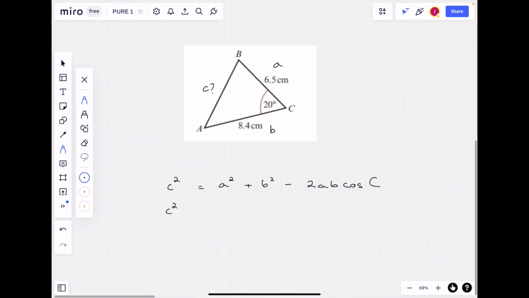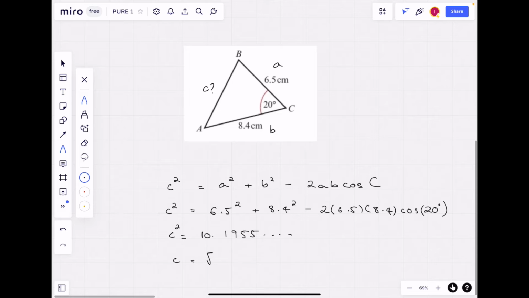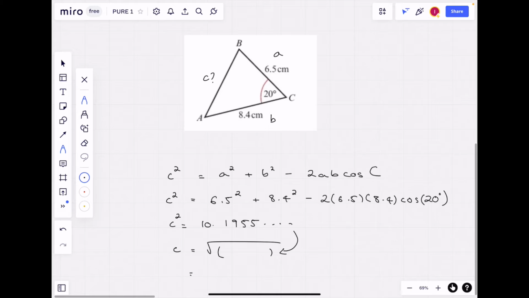So c squared is equal to 6.5 squared plus 8.4 squared minus 2 times 6.5 times 8.4 times cos 20 degrees. You stick that in your calculator and you would get 10.1955 and so on. And now you just square root this whole answer, and you would end up with 3.19 centimeters.